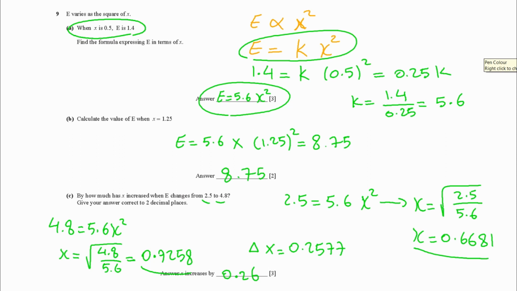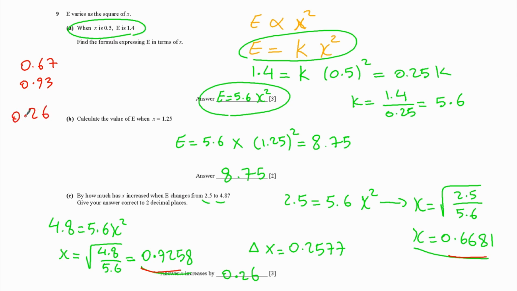If the x that we found here was rounded to 2 decimal places, 0.6681 would be 0.67. I'm just going to write it on this side. And this one, if I again round it, would be 0.93. And if I do 0.93 minus 0.67, that would give me 0.26.